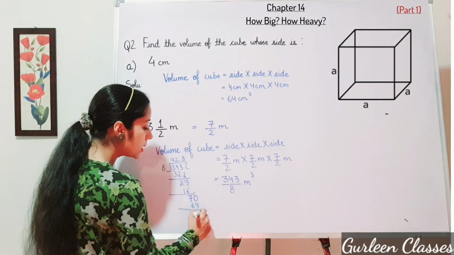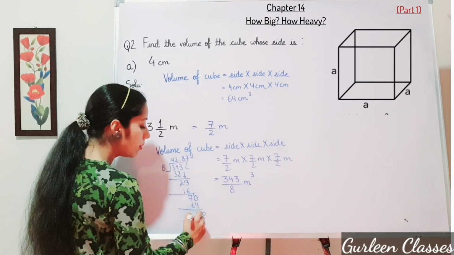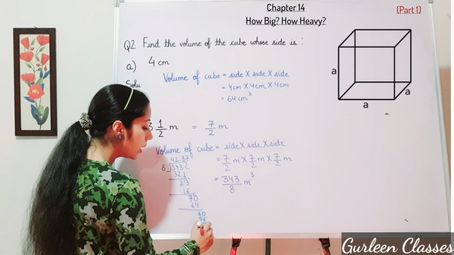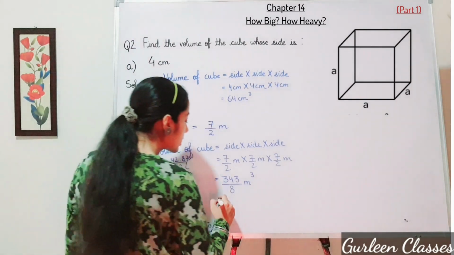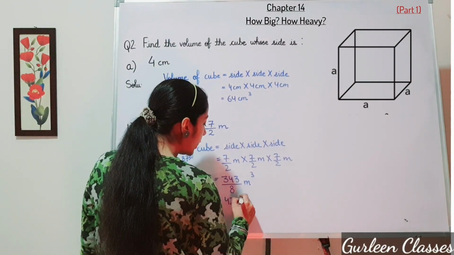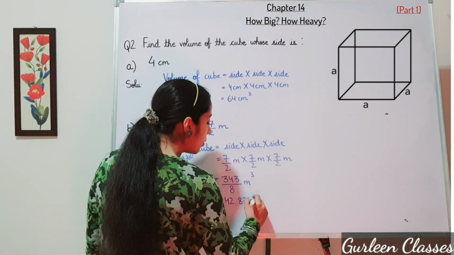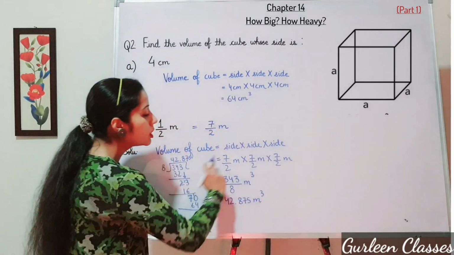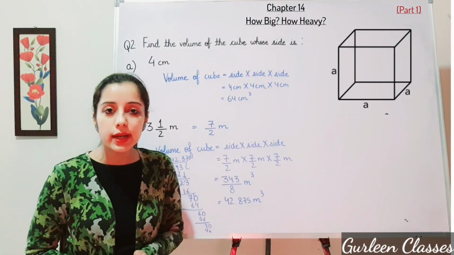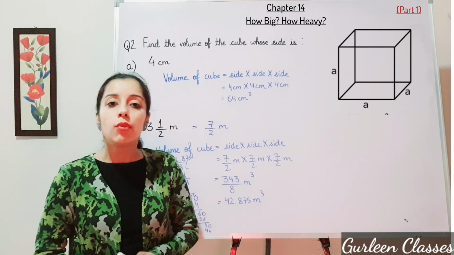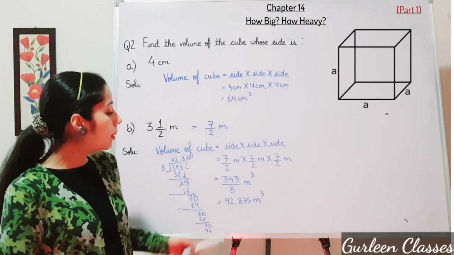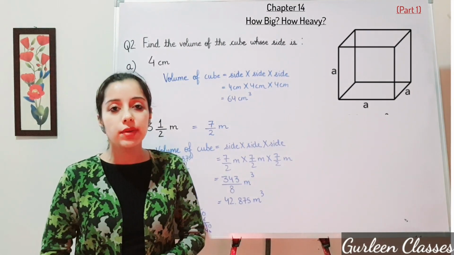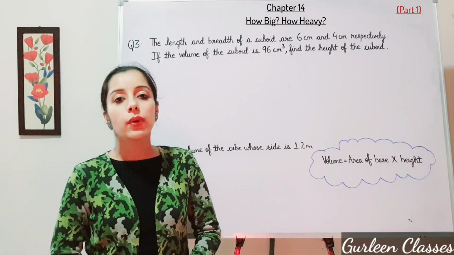Remainder is 60. 8 sevens are 56. Then 40. 8 fives are 40. So the answer is coming 42.875 meter cube. You simply have to multiply the numerators and denominators. Whatever answer comes after multiplying, you have to divide. So the answer is coming 42.875 meter cube.